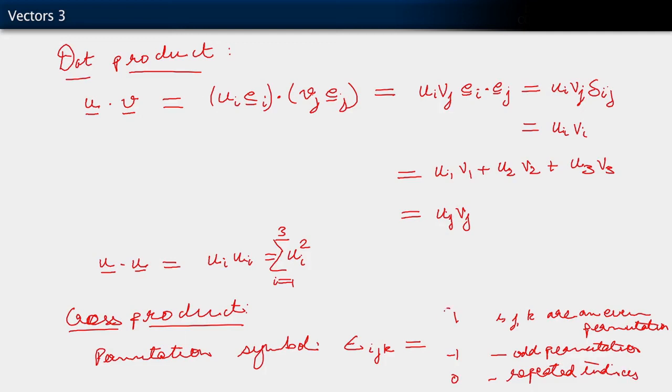And to understand what we mean by this, I just have to tell you what we mean by an even permutation. An even permutation of ijk is something that I will write in the following fashion: 1, 2, 3.